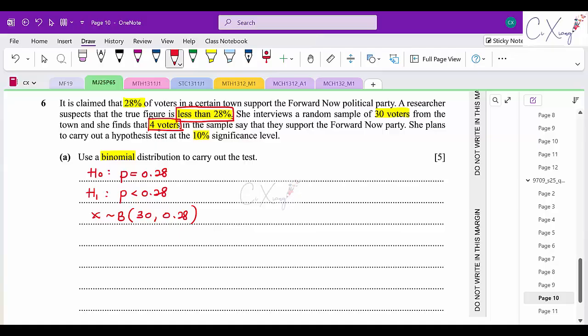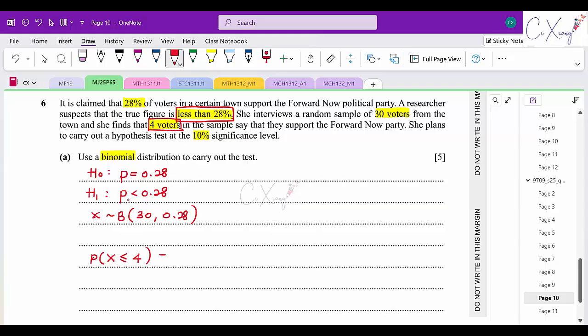The observed value means the value that you observe when you carry out a survey or run the test. So for this one, 4 voters will be our observed value. Because the alternative hypothesis is having smaller than, to calculate the p-value we will be having X smaller than or equal to 4.